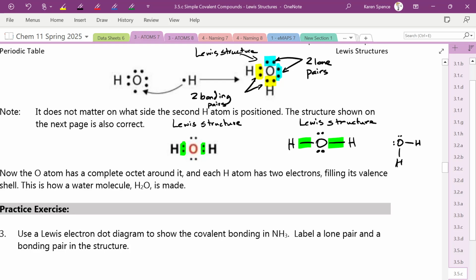Question for you. How many bonds can N form? Chat with your neighbor about that. How many bonds can N form?